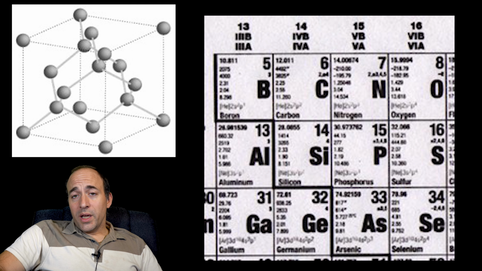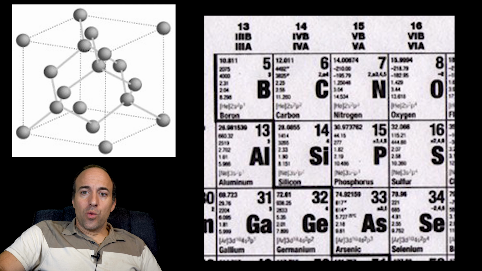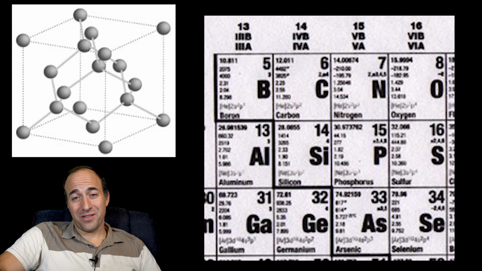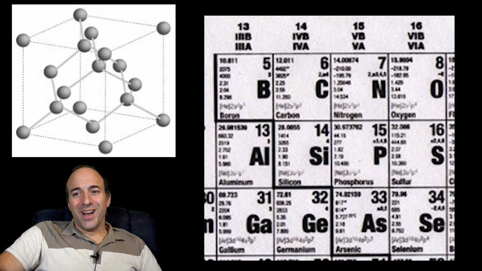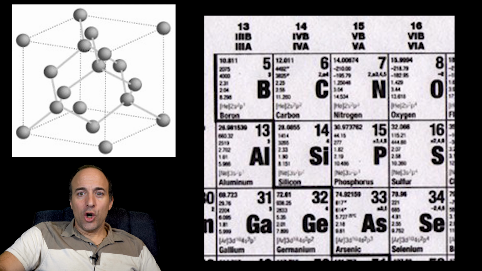Silicon crystal is a poor conductor. It has a resistance of 21 million ohms per centimeter, which is a really bad conductor. Which, if you compare that to copper, copper has a resistance of 1/1,000,000th of an ohm per centimeter.